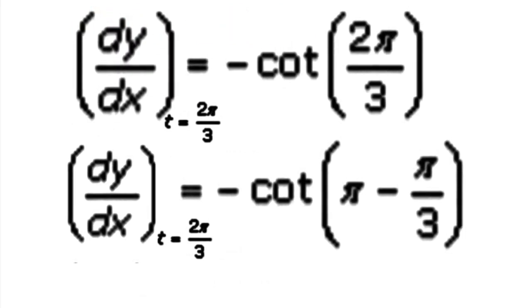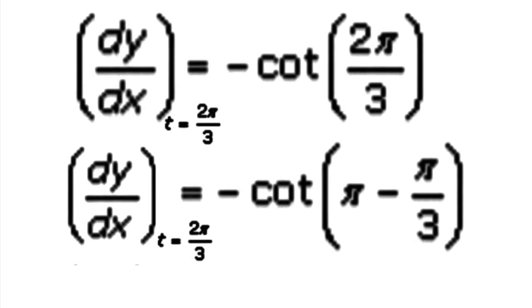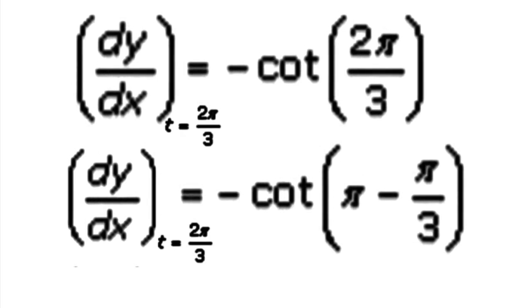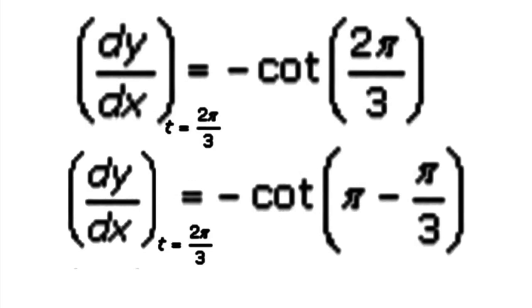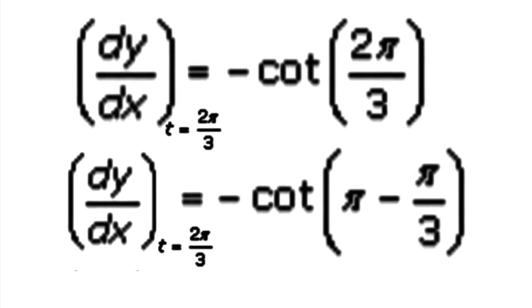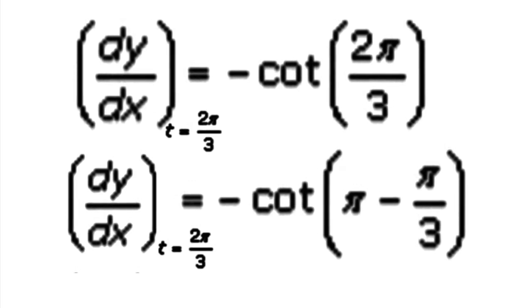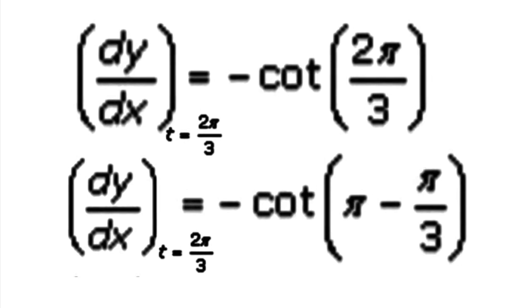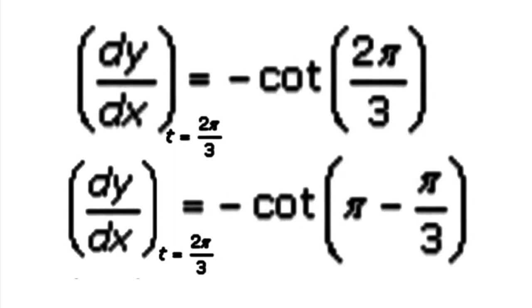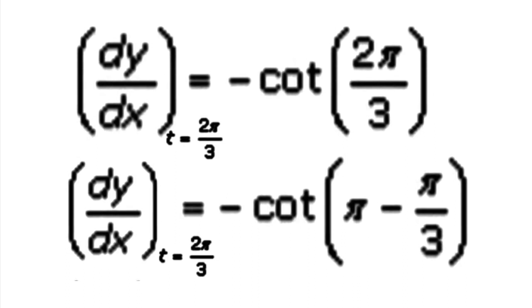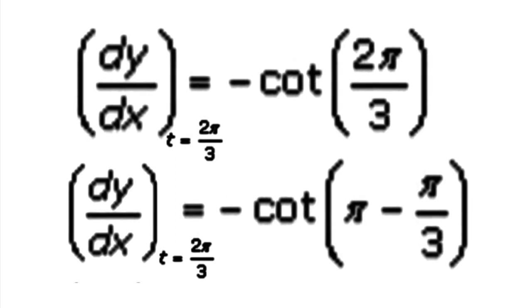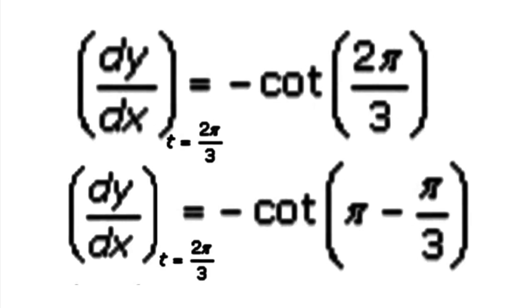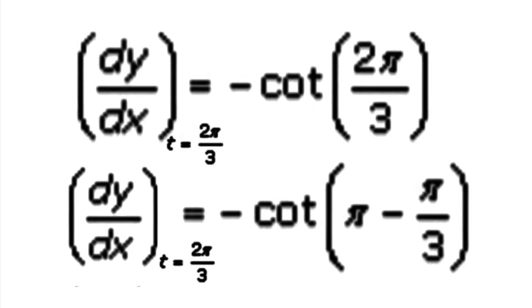Since we have to find dy upon dx at t equals 2 pi upon 3, let's put the value of t, which is 2 pi upon 3. So, we'll get dy upon dx at t equals 2 pi upon 3 equals minus of cot of 2 pi upon 3.